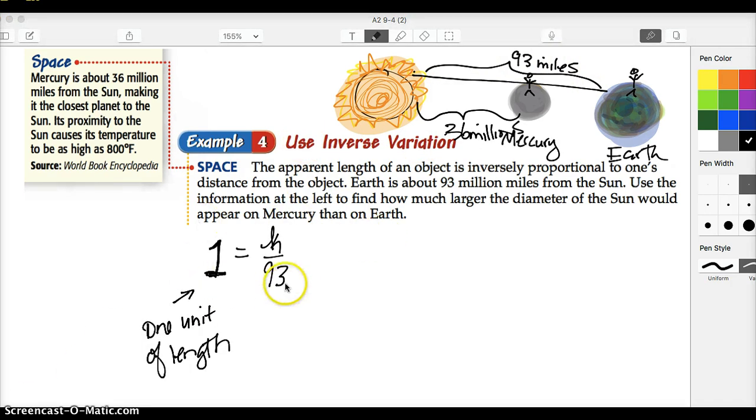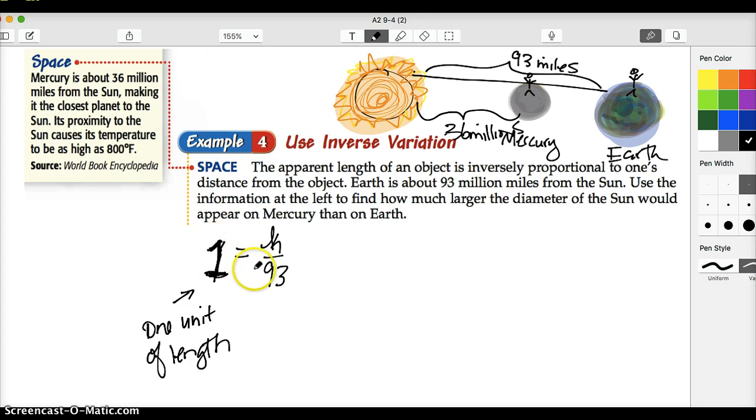The first relationship I want to explore mathematically is the one of Earth and the sun. Since we're comparing the view from Mercury to that of Earth, let us call the view of what the sun looks like from Earth some unit length of 1.